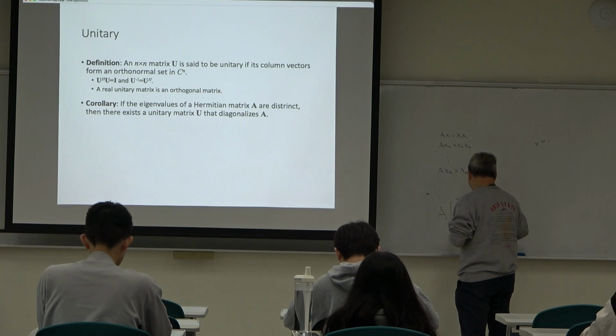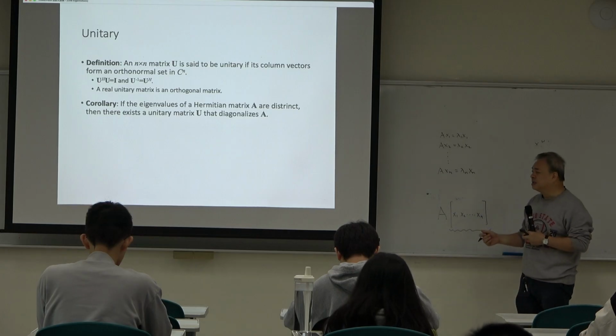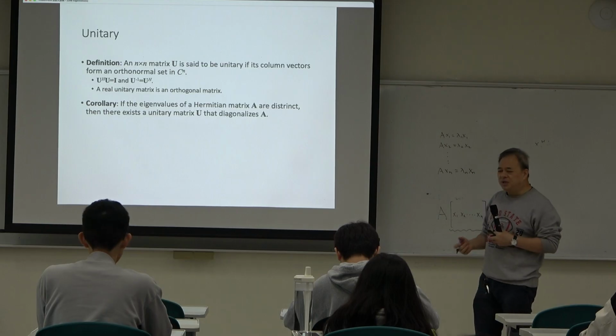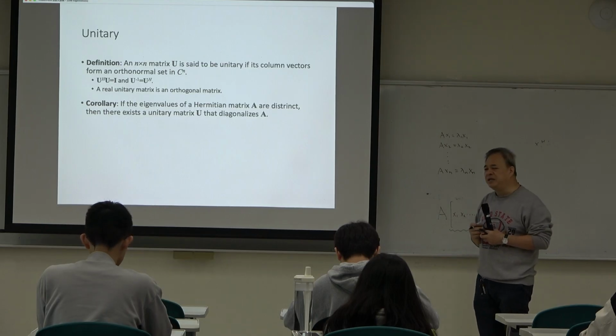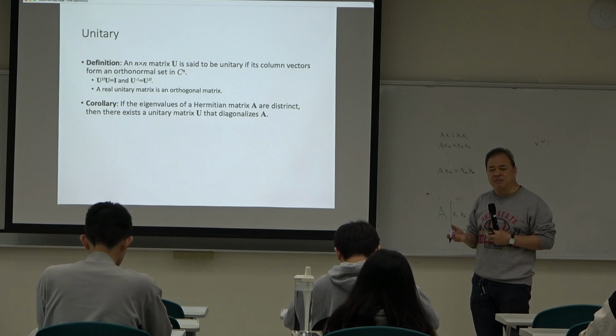Actually, we can do a little bit better, because we can make those eigenvectors unit vectors. Just divide each of them by its length.